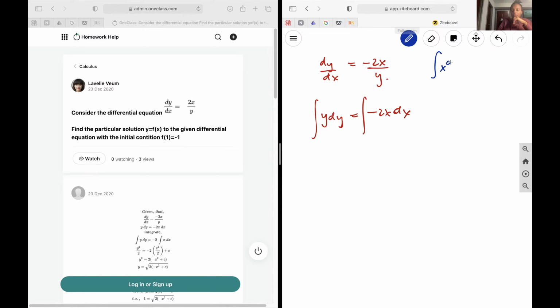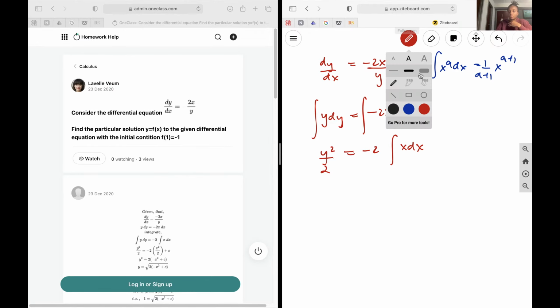So the integral of x to the power of a dx is 1 over a plus 1 x to the power of a plus 1. And so in the case where my a is 1, it's going to become 1 over 2 y to the power of 2. So y squared over 2 is equal to, I'm going to pull out the negative 2, and the integral of x dx is what is going to be left over.